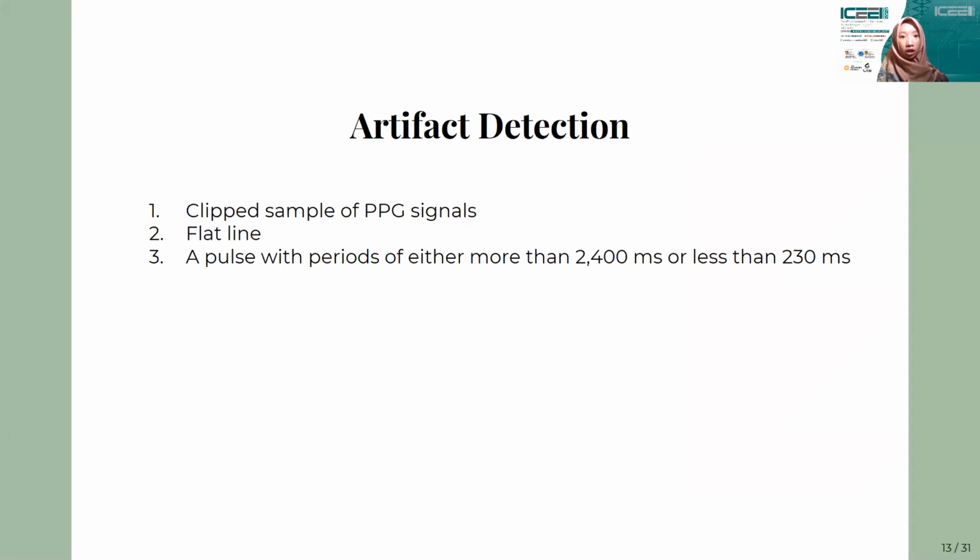PPG is very sensitive to motion artifacts, so we include an artifact detection algorithm here. We detect clipped samples of the PPG signal, flat lines, and pulses with periods of either more than 2,400 milliseconds or less than 230 milliseconds.